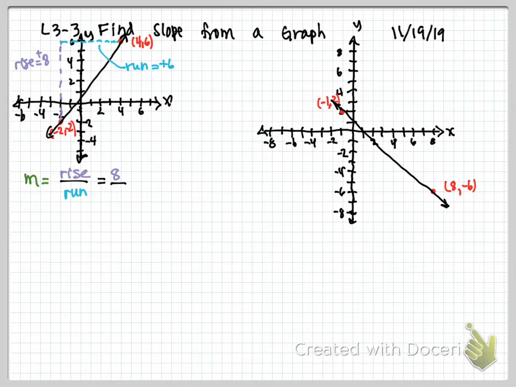The only thing we need to do is to simplify if possible. These two have a 2 in common. So we always simplify. That gives us our final answer, that our slope is 4 to 3, or 4/3. So we rise from one point to the next, a rise of 4, run of 3.